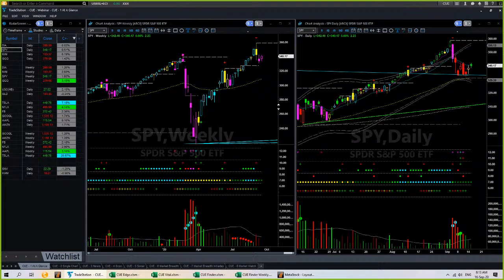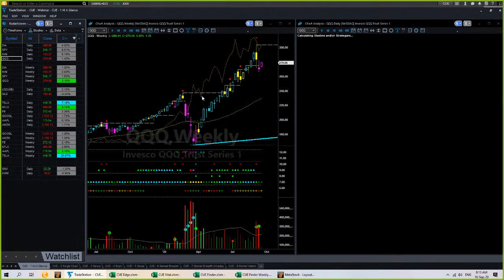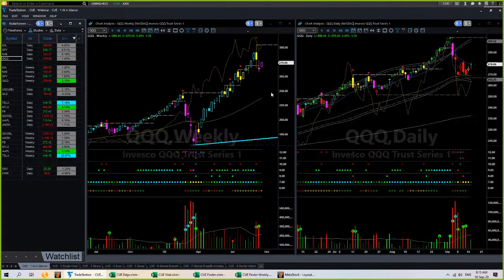Coming back to the market ETFs, this was SPY. Let's look at QQQ. QQQ also has a similar pattern. The weekly is continuing to be in bearish color, and in daily it recovered for 2 days.